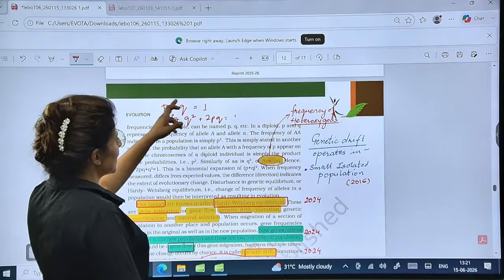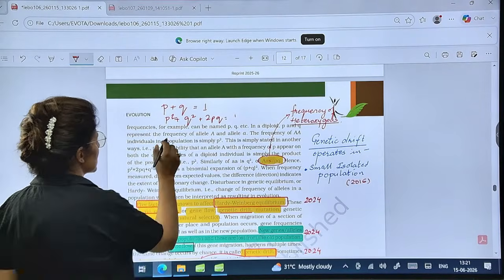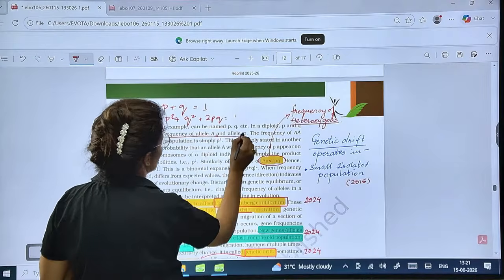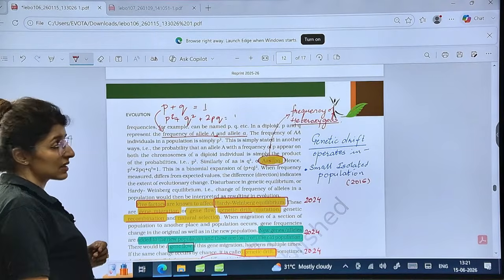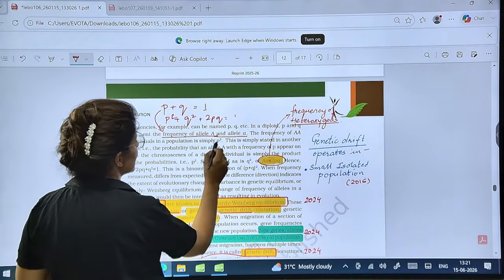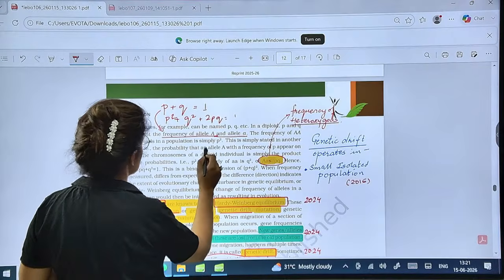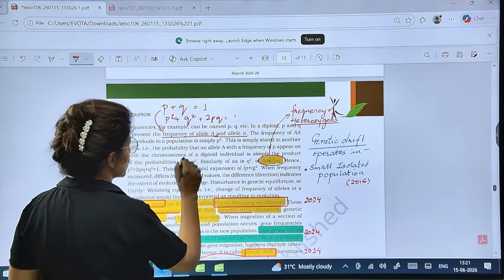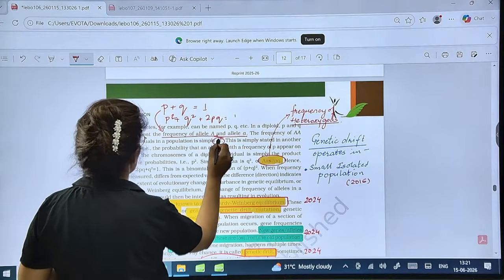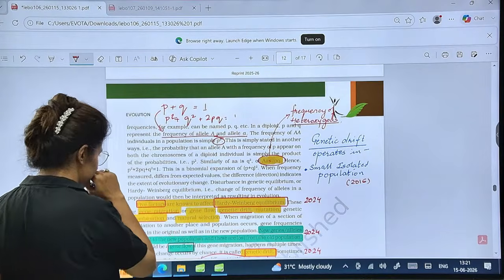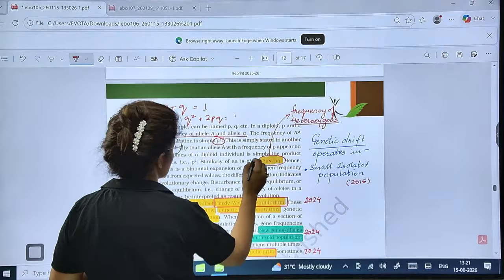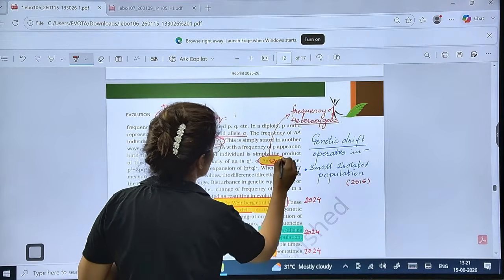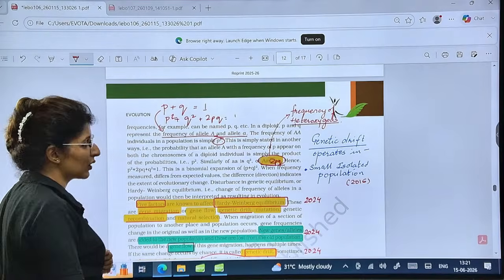Now what do p and q indicate, guys? p and q represent the frequency of the dominant allele and the recessive allele, while p² represents the frequency of dominant individuals, homozygous dominant. And then we have 2pq, which represents the frequency of heterozygous.